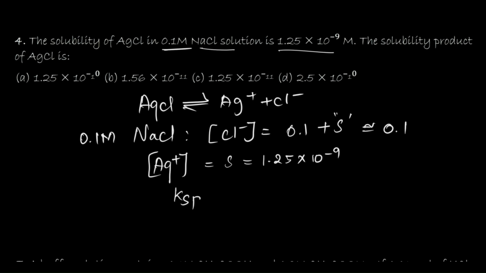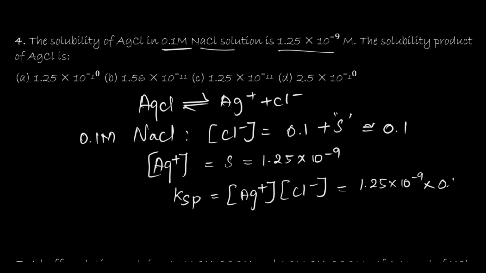So the Ksp value, that is the concentration of Ag plus times Cl minus, would be 1.25 into 10 to the power minus 9 into 0.1, which is 1.25 into 10 to the power minus 10. So option A is the right answer to this question.